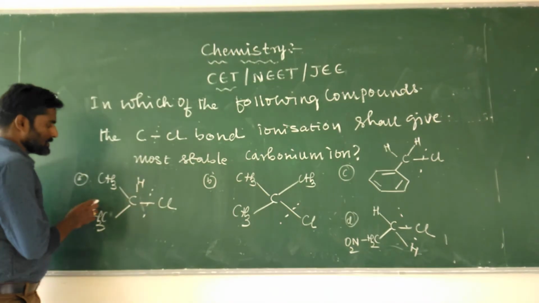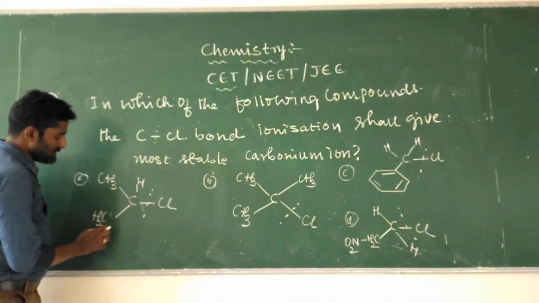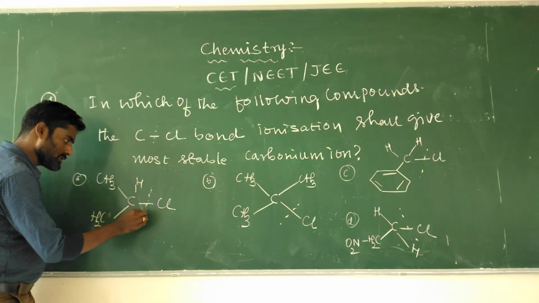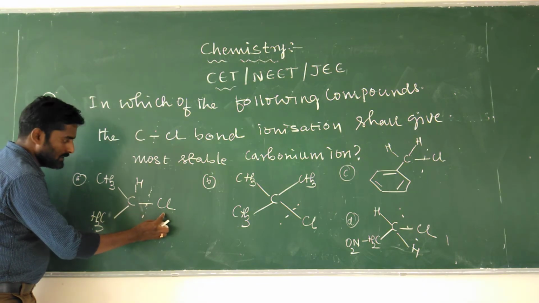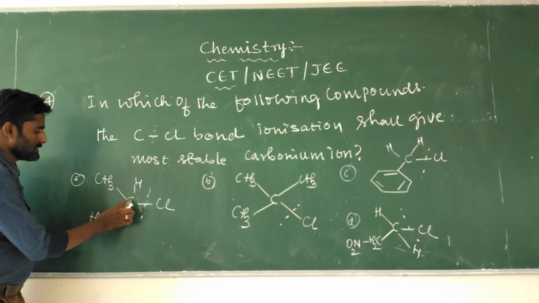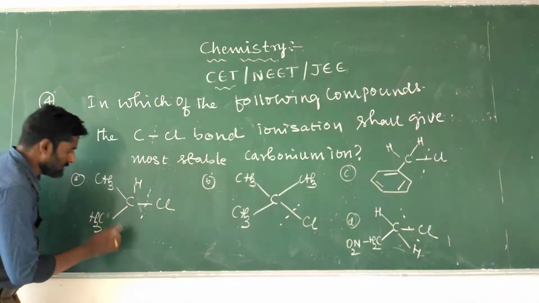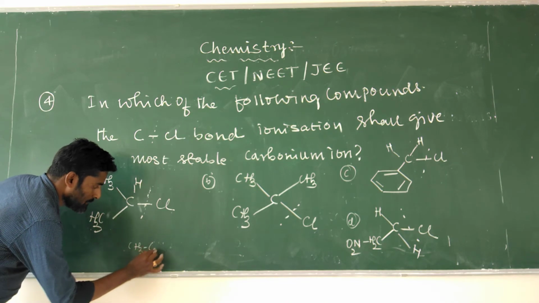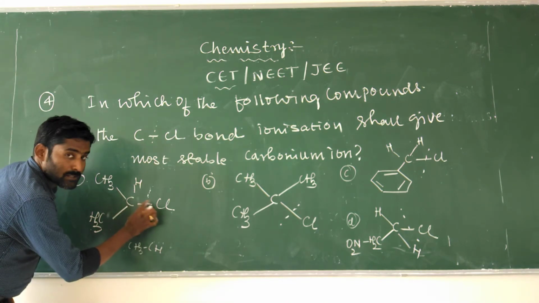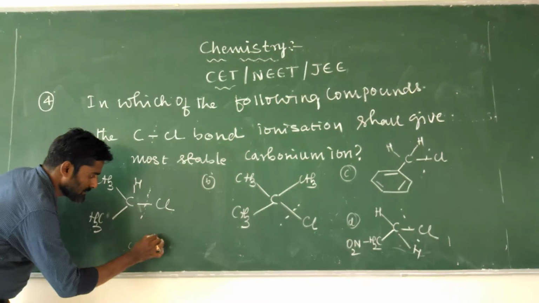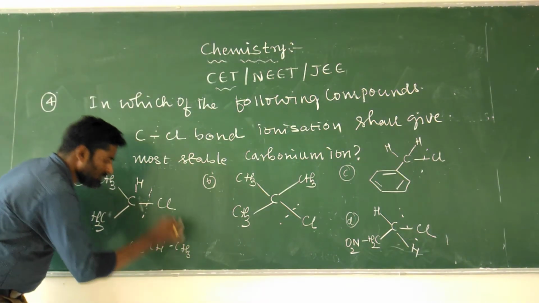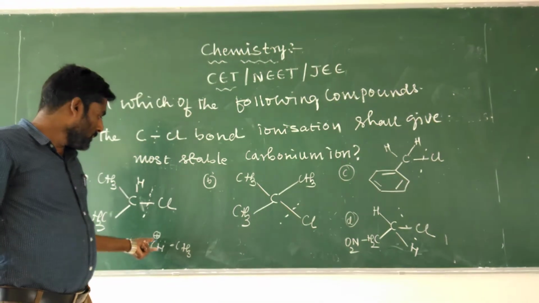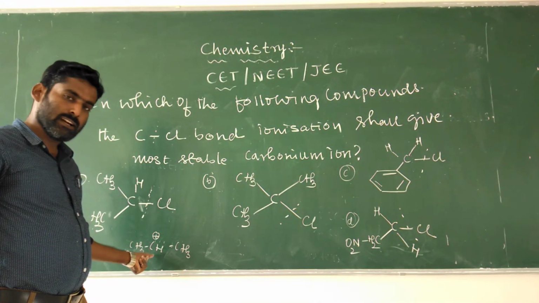Let us take option A, CH3 CH Cl CH3. After ionization of the carbon and chlorine bond, it becomes CH3 CH plus CH3 and Cl minus. This is called the secondary propyl carbocation.